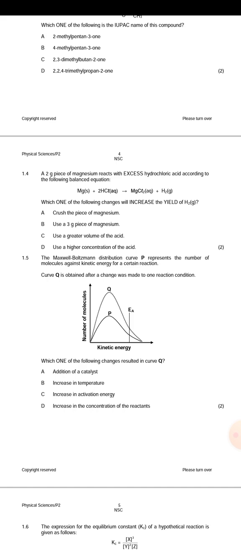So that won't apply, and this is not a reversible reaction after all. So that one is out. D, use a higher concentration of the acid. Okay, the acid is already high, but either way, if we're going to increase its concentration, that would probably increase what? The rate of the reaction either way. But in this case, it's already in excess as well. So yeah, the correct answer there is definitely going to be B.